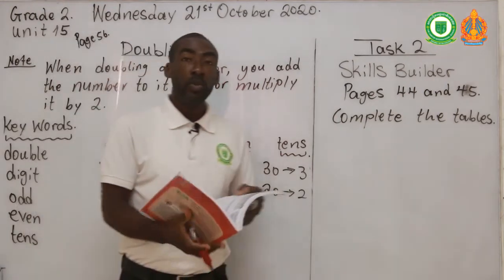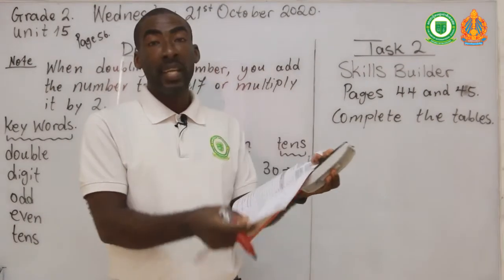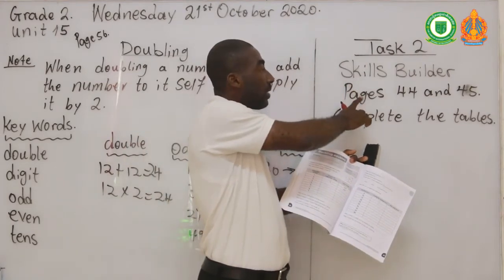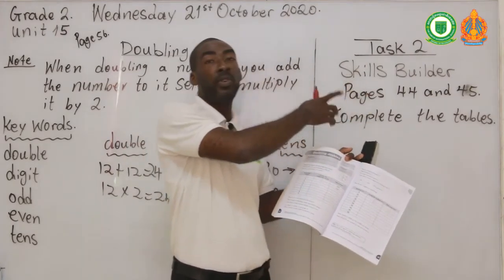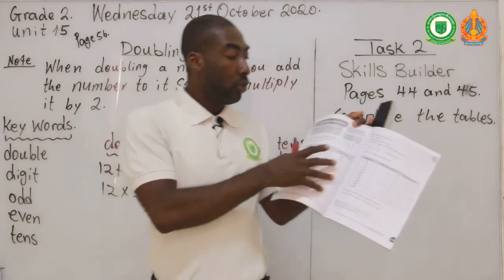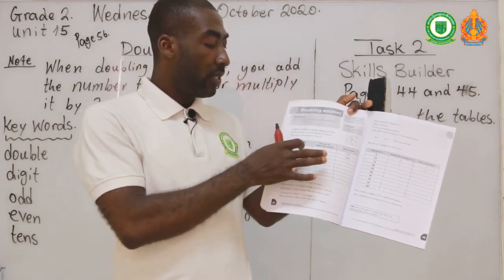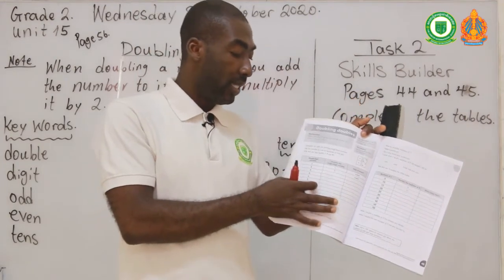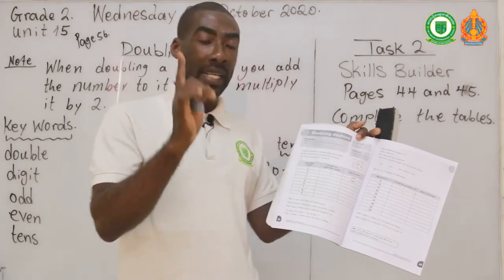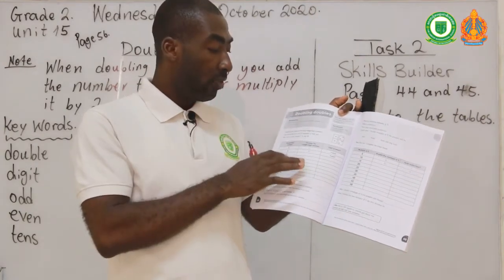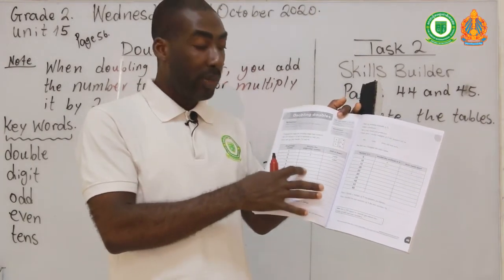To move on to our second activity, this is what we're going to do. We'll go to our skills builder section, pages 44 and 45. You see this table there. You have your single digits, which are the individual numbers. You have to find the double of these digits and put the double here.